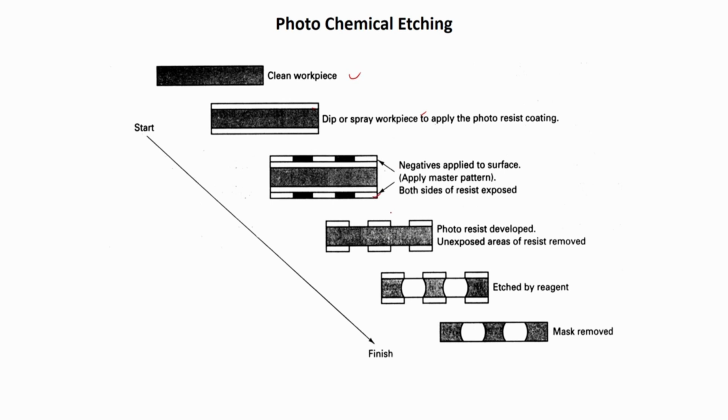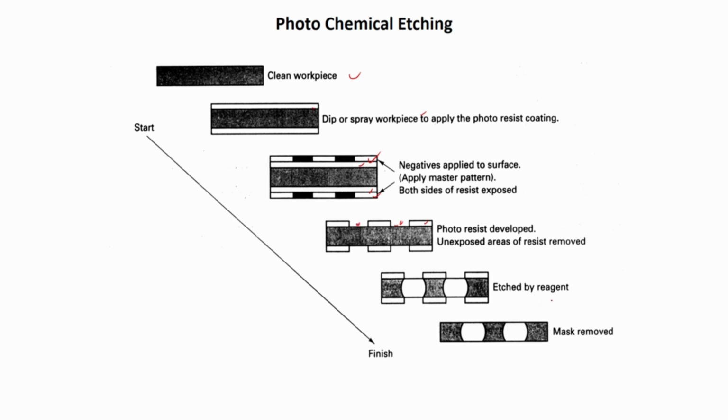This is the master pattern, and this is the photoresist material here. After that, it is exposed to ultraviolet ray. After exposing the workpiece under ultraviolet ray, the photoresist is developed, and the unexposed areas of the resist are removed.